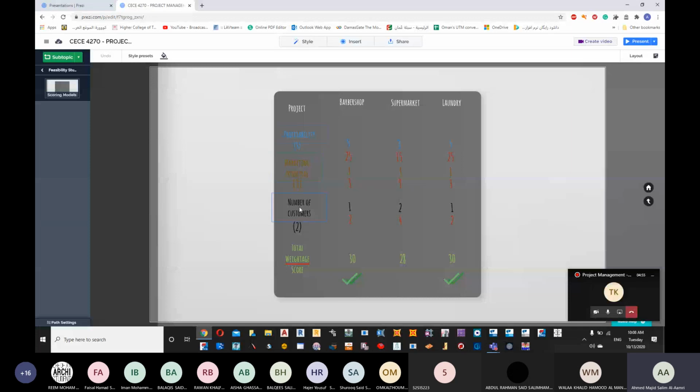So at the beginning, you need to identify the categories and then evaluate each and every project against each category. Finally, the project which has more value in terms of all categories is going to be the best project. Like in this scenario, we have got 30 for the barber shop and laundry, which means that these two projects are better than the supermarket.